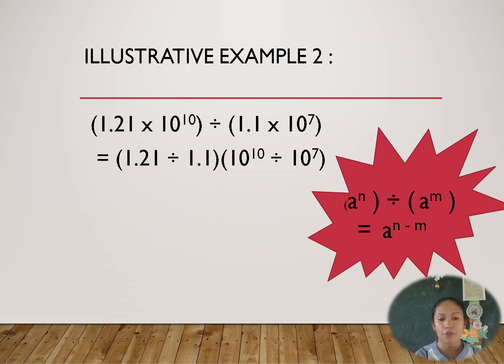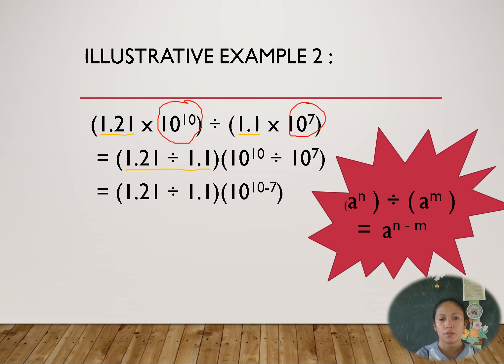So our first factor for the first scientific notation is 1.21. For the second scientific notation, 1.1. So we will divide 1.21 by 1.1. And then for the second factors, we will divide 10 to the power of 10 by 10 to the power of 7.